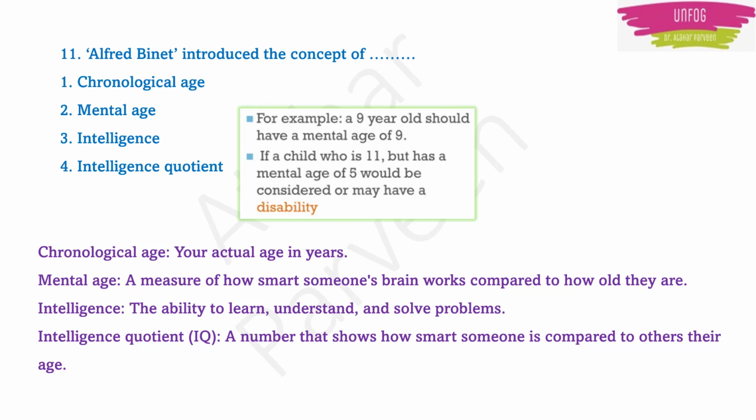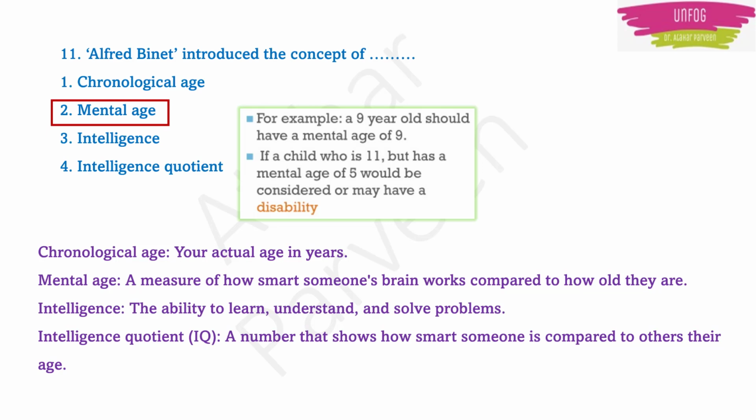If a child is 11 years old but has the mental age of a 5-year-old, he is considered disabled. So this is what mental age is. This scientist Alfred Binet introduced the concept of mental age.